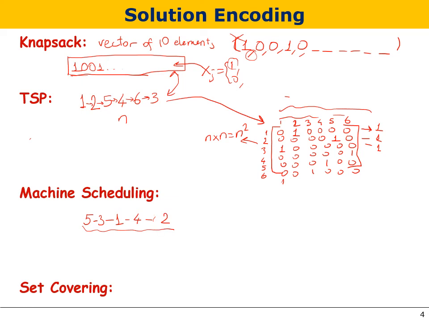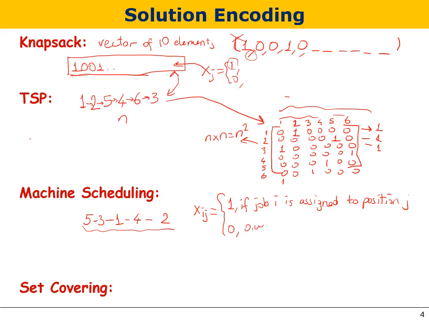If you want to represent the solution using the mathematical model, again you need to consider what your decision variable was. We formulated the same problem in different ways, but in one of the formulations the decision variable was this: xij is 1 if job i is assigned to position j, and 0 otherwise.